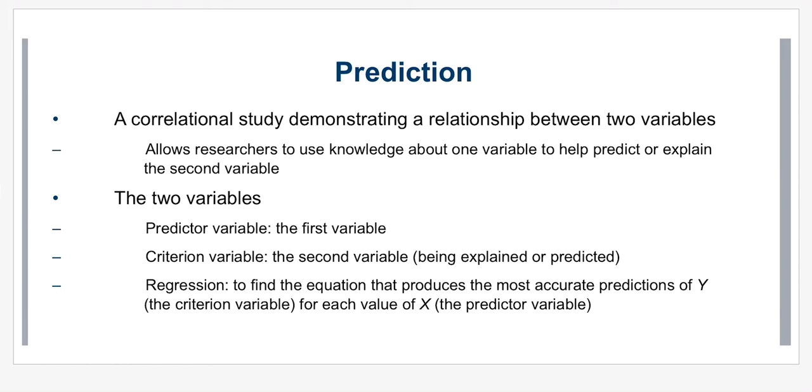An example of that is researchers constantly looking for environmental and genetic factors that are involved in the risk of Alzheimer's. Alzheimer's is a very complex disease. And so the predictor variable is risk factors for Alzheimer's, right?